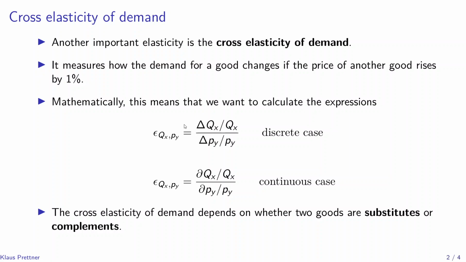By contrast, if the two goods are complements, then if the price of good y increases, then demand for good x would decrease because the other good gets more expensive. But since the two goods are complements, they are typically consumed together, and therefore the demand for good x would decrease in this case.